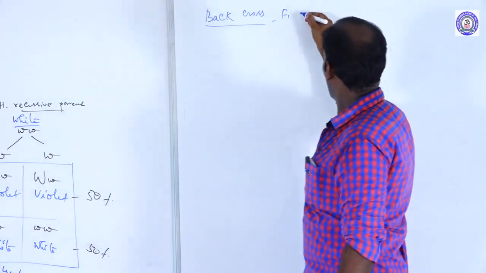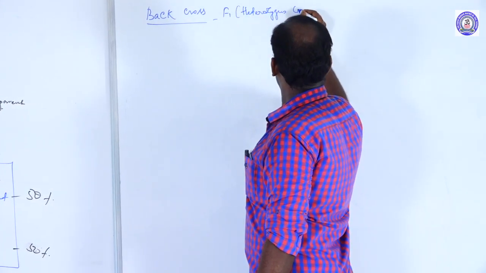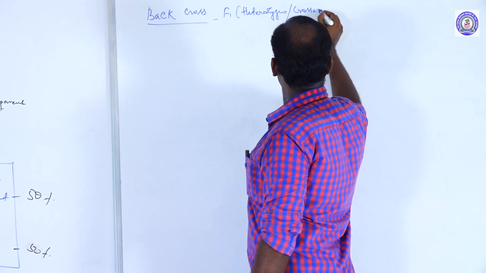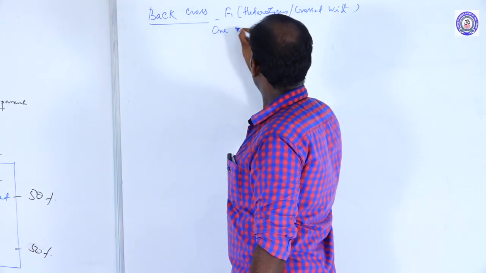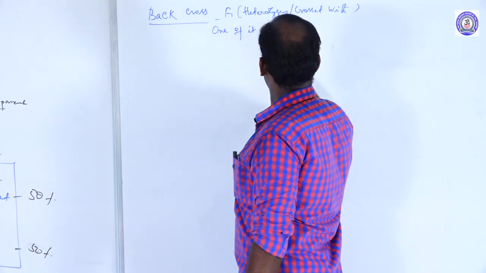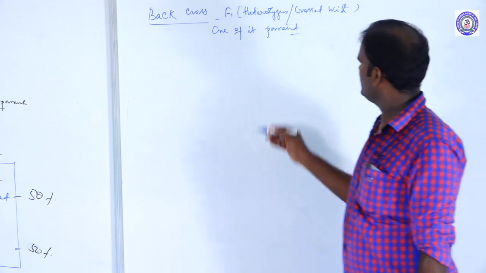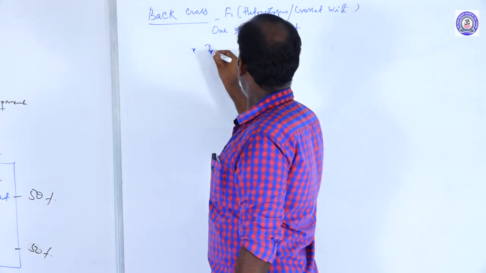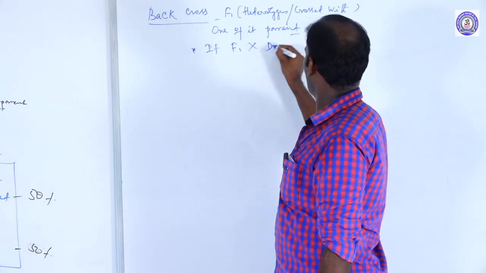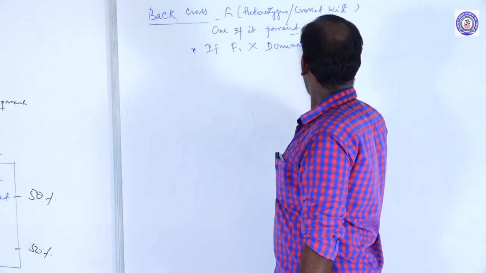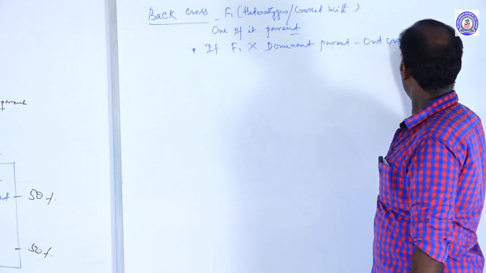F1 heterozygous is crossed with one of its parents, either dominant or recessive. If F1 is crossed with the dominant parent, that is called a back cross.